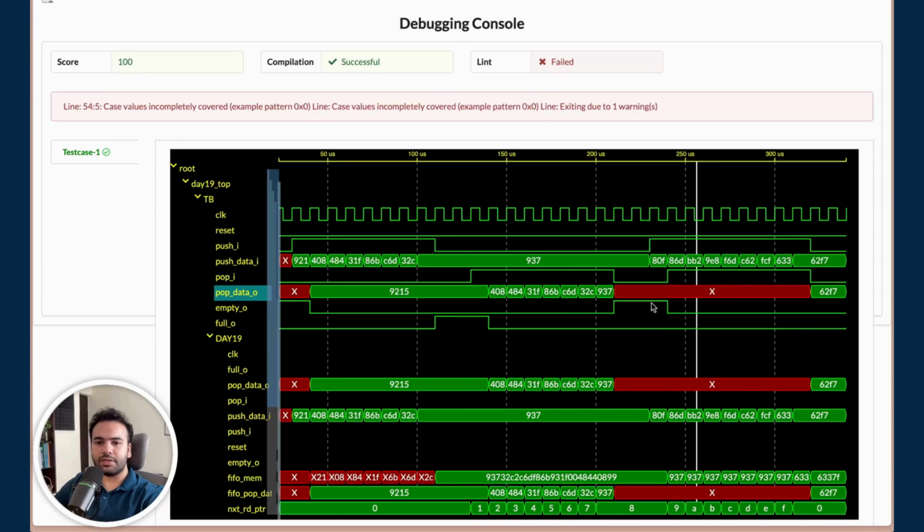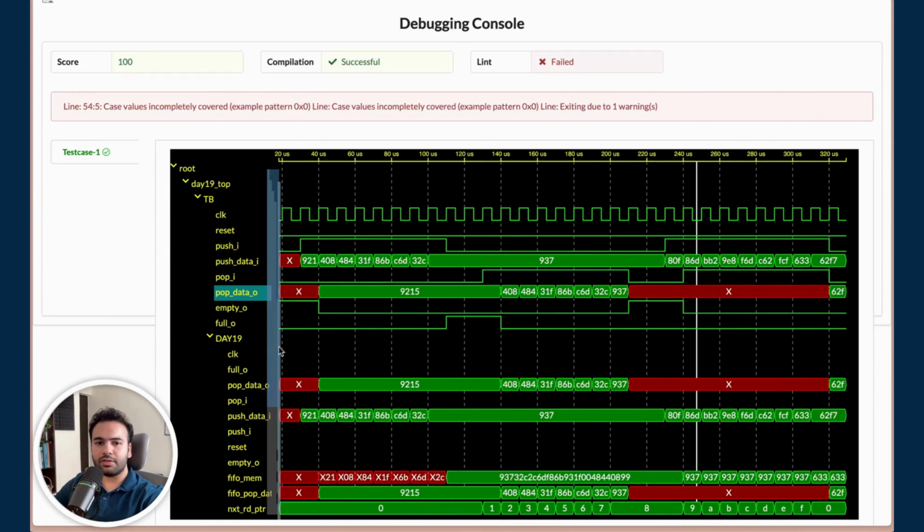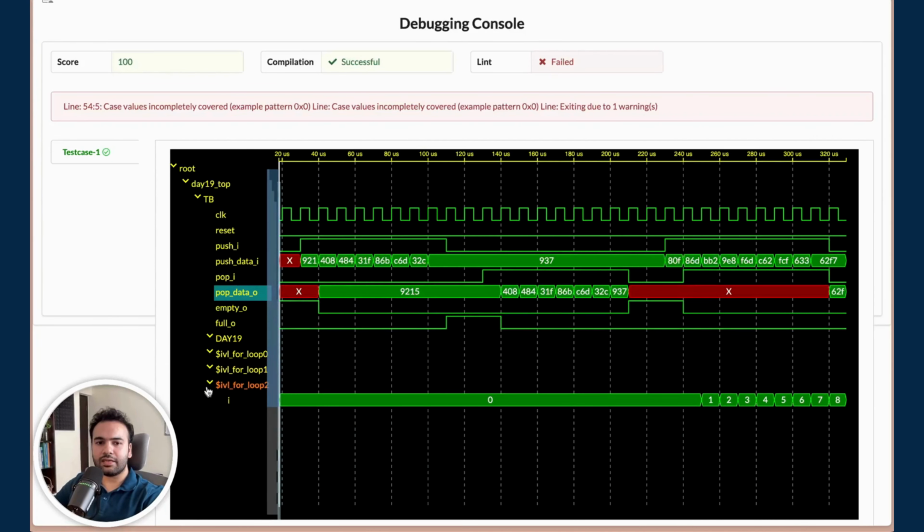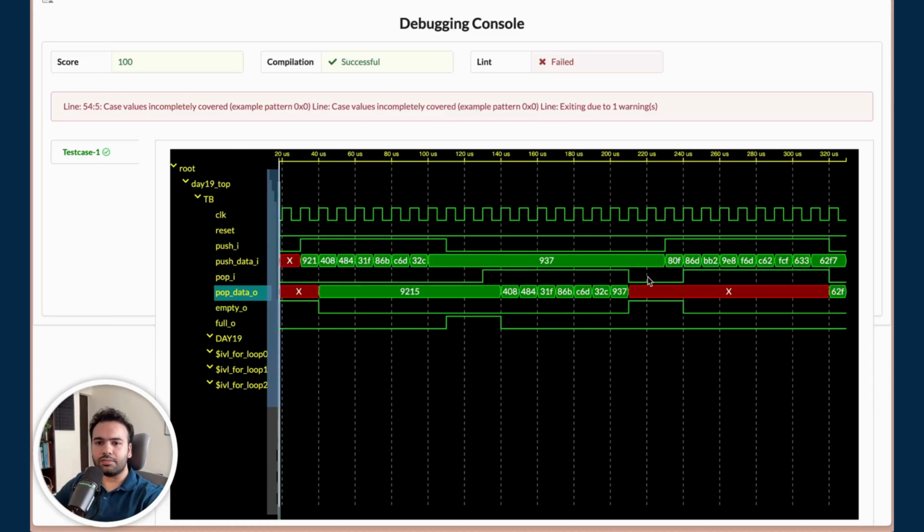So how do we debug this? Generally for X-prop, the way I approach it is to find the first source of X and try to backtrace it, to see that this particular logic is producing an X. But if you take a look at the waveform here, you don't see anything going X. Things seem fine, and suddenly X starts to appear on the pop data.